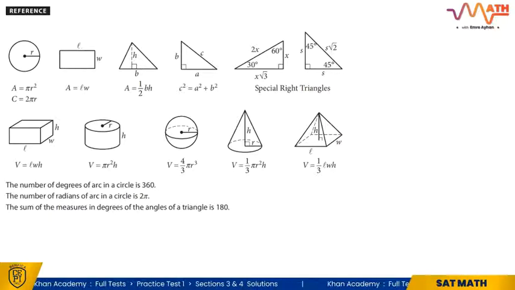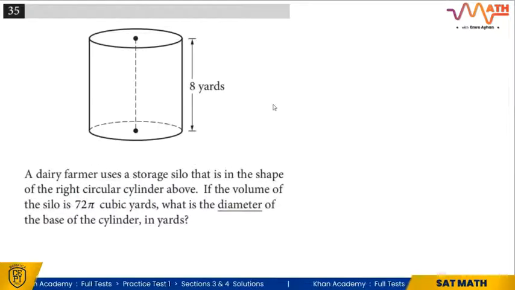Now let's go back to the question. The volume is pi r squared h. The volume is given as 72 pi, so 72 pi is equal to pi r squared h. H is 8, and pi is pi.